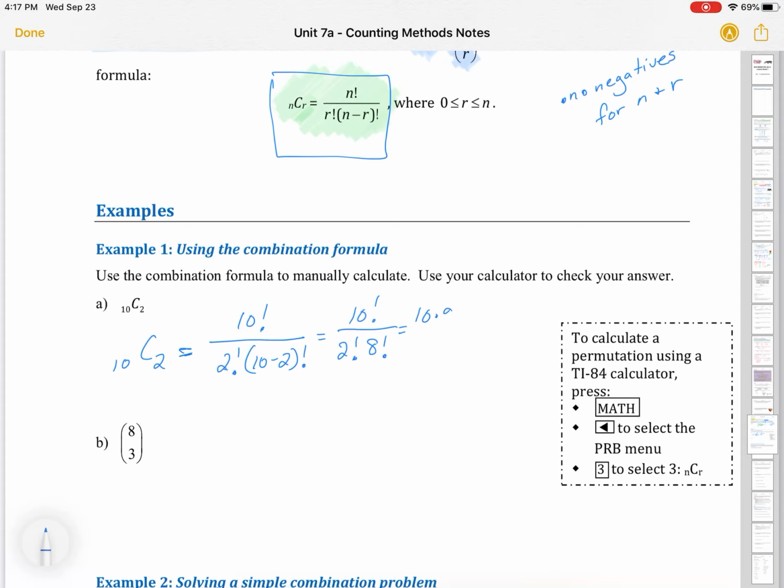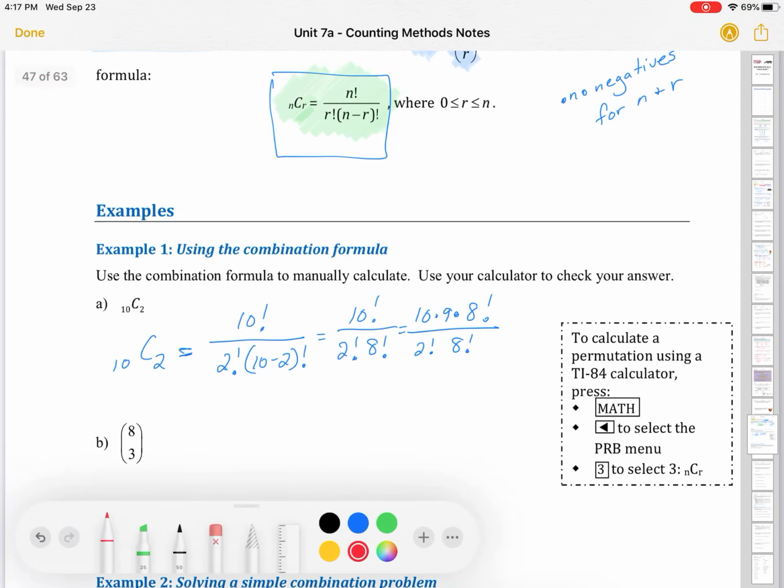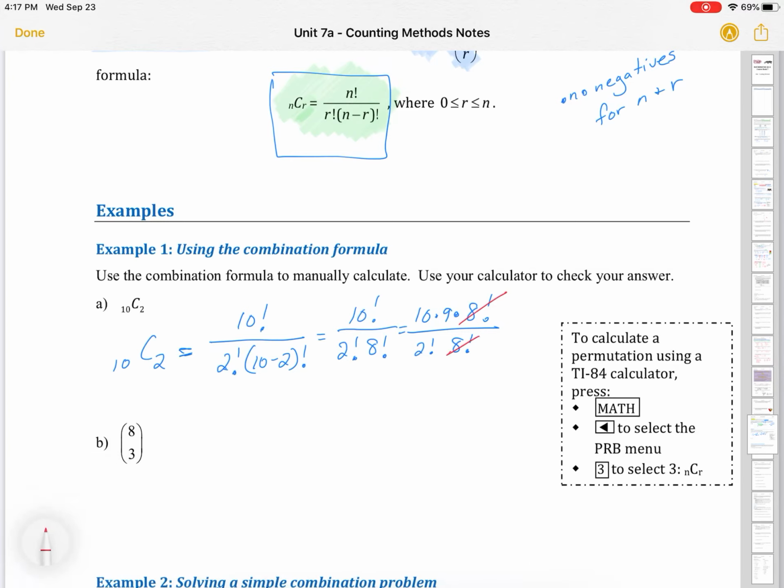So this will be 10 factorial over 2 factorial, 8 factorial. Remember, we can rewrite 10 factorial as 10 times 9 times 8 factorial, all over 2 factorial, 8 factorial. We're manually calculating here. The 8 factorials divide out. So I'm left with 10 times 9 over 2 factorial, which is equal to 45.